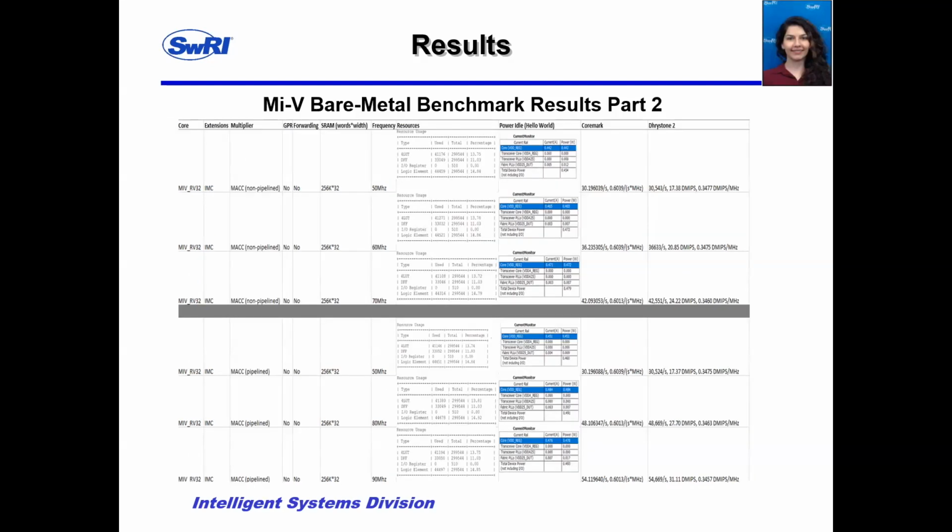This is the second batch of MI-V benchmarks with the more complex, faster core configurations, and also with MACC pipelined or non-pipelined multipliers. Of the two variations, the pipelined MACC multiplier showed better performance at the mid and maximum frequency as the pipelining loosened timing constraints to allow higher core clocks.